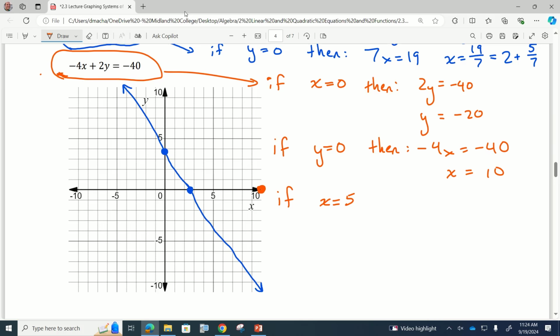But I'm just trying to get one more point, and it doesn't matter really where it is as long as it ends up on my graph. If I look at this orange equation and I say x equals 5, that's negative 4 times 5 plus 2y equals negative 40. In other words, negative 20 plus 2y equals negative 40.